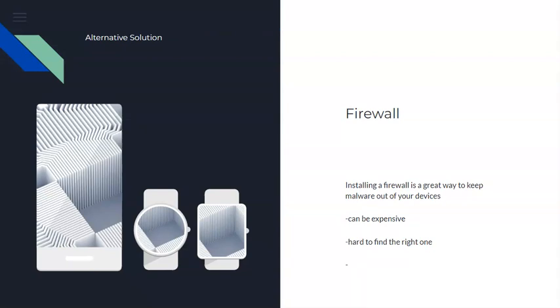So I'm going to bring up my alternative solution first. My alternative solution would be to install a firewall. A firewall is a great way to keep malware out of your devices as a whole. However, it can be a little expensive and there are different kinds out there, so it can be a little hard to figure out which one is the overall best fit for you.